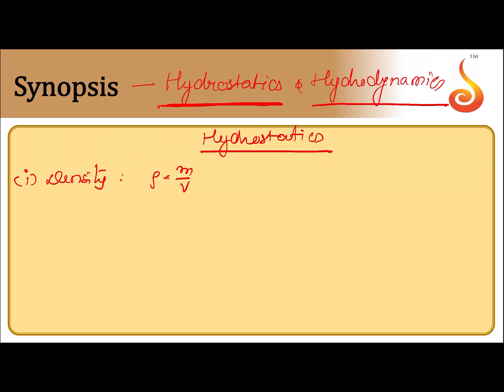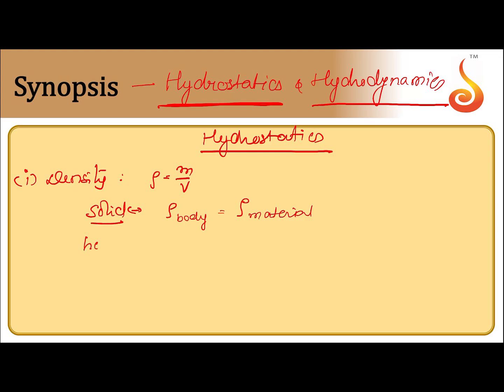For a solid object, that means an object which is not hollow from inside, for a completely solid object, density of the object, or say density of the body, is equal to density of the material from which it is made of. Density of the object and density of the material are equal to each other.